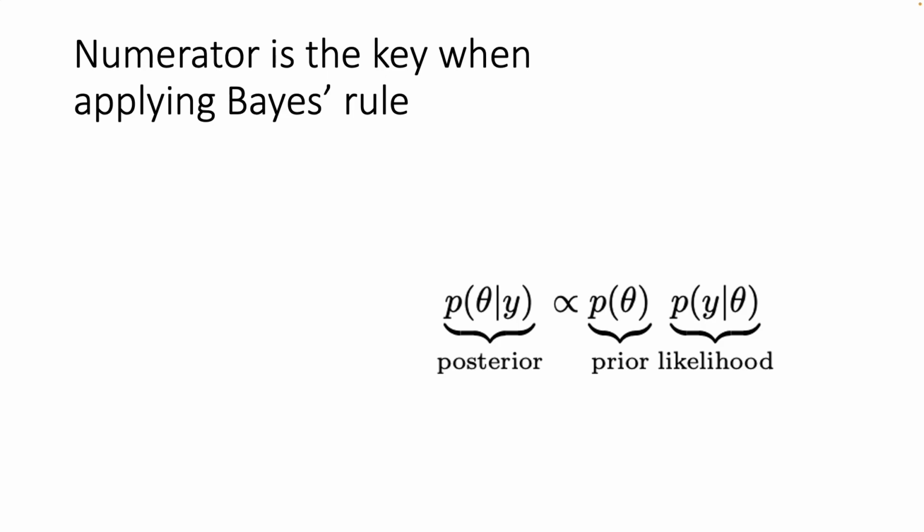So it only acts as a proportionality constant, which is why we are using the symbol of proportionality here. It represents that we are interested in the numerator, and the numerator is also enough for us, for example, to do some computation.